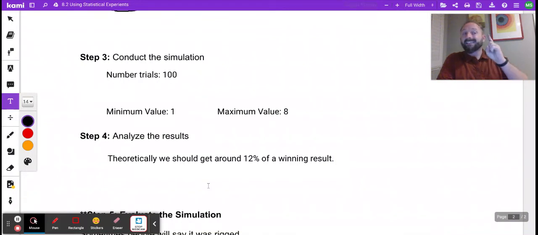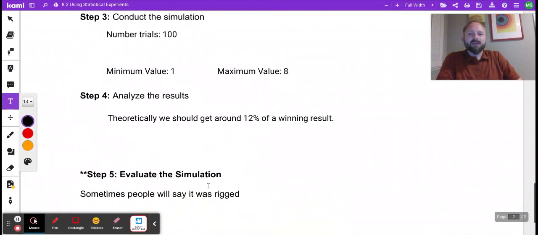Now, the problem is we can't get 12.5% because you can't pick. For example, you can't get 12.5 times of a number. It's not possible. You can only get 12 or 13. All right, this last one.